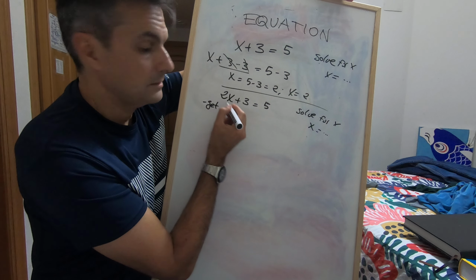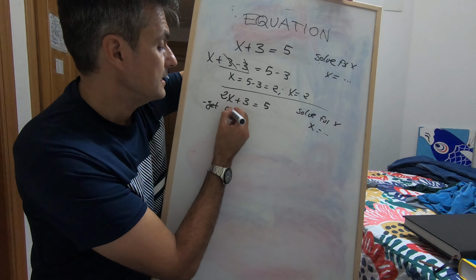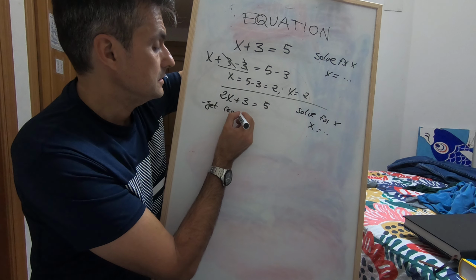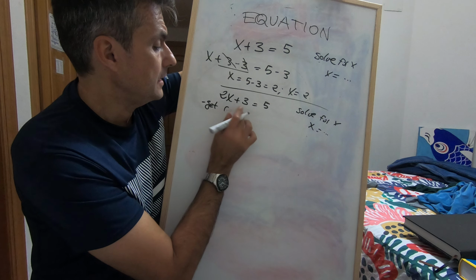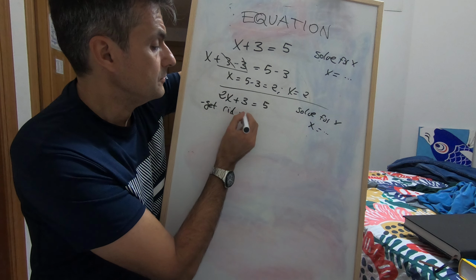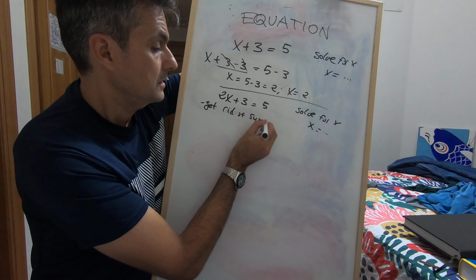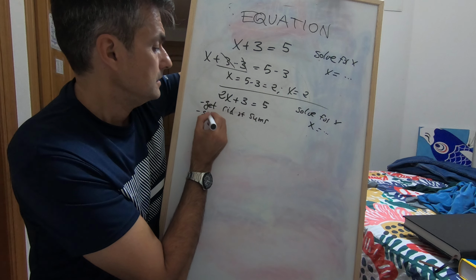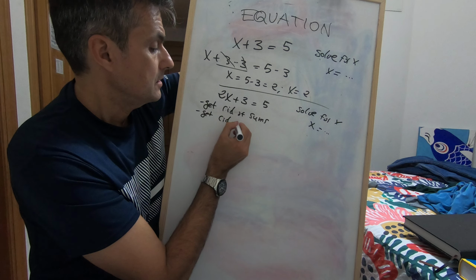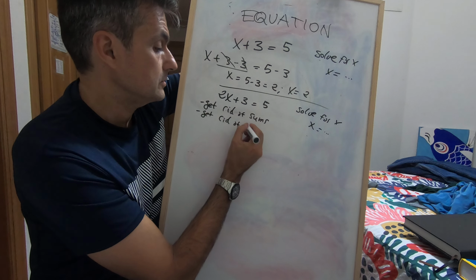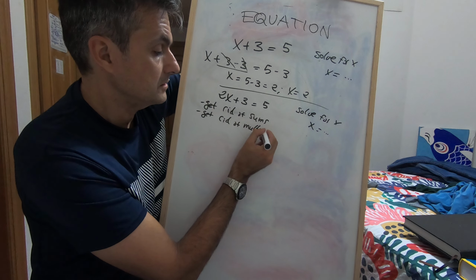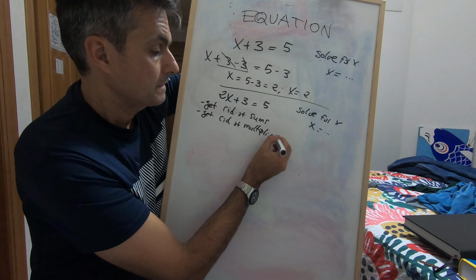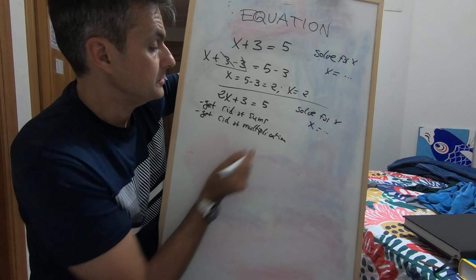The procedure is always the same. Get rid of the sums, and then get rid of multiplying factors, or multiplication. This is the usual procedure.